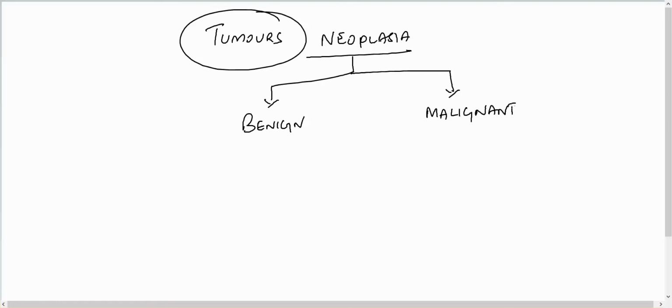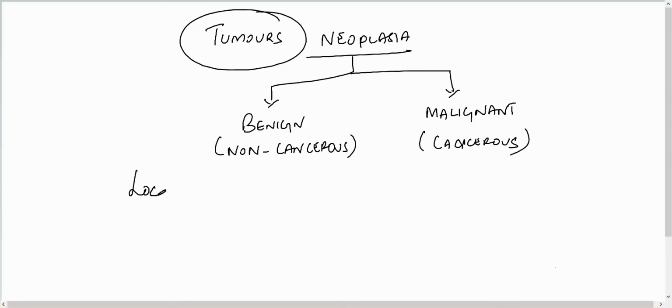In a colloquial way of telling, benign means non-cancerous tumors, and malignant means cancerous tumors. Benign tumors, if you see clinically, are localized tumors, whereas malignant tumors are infiltrative tumors.